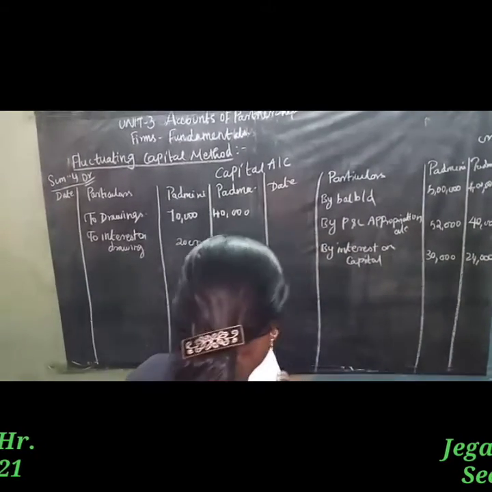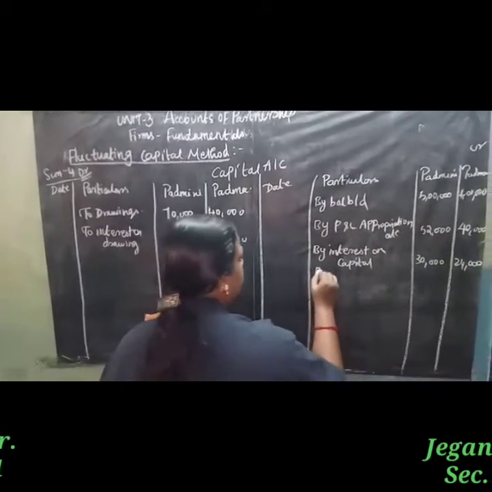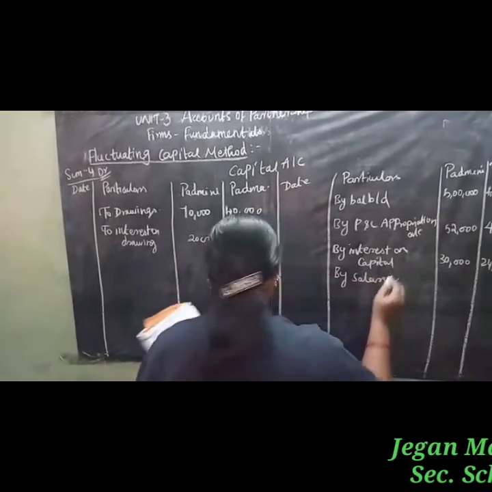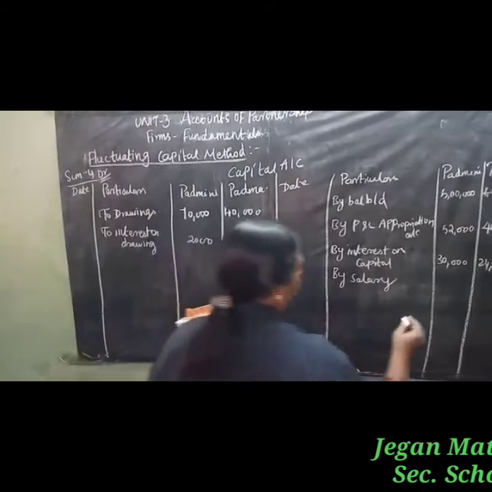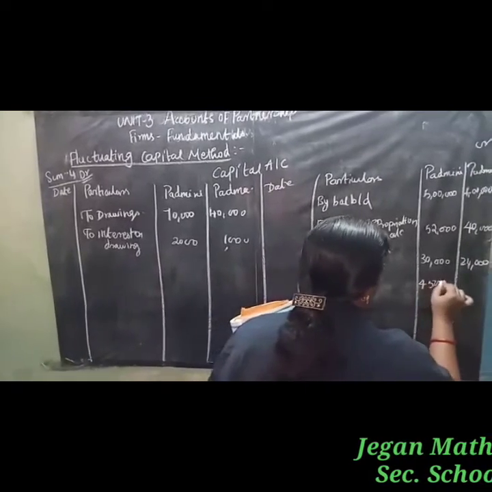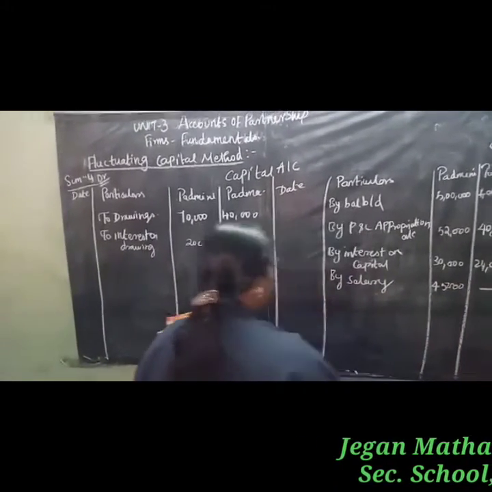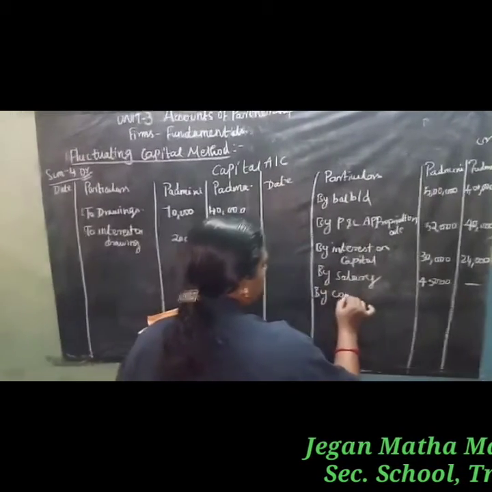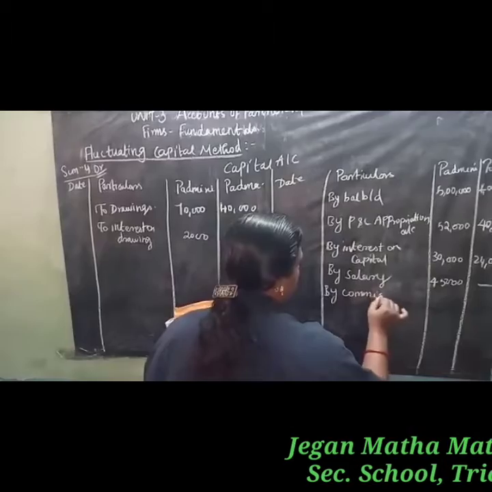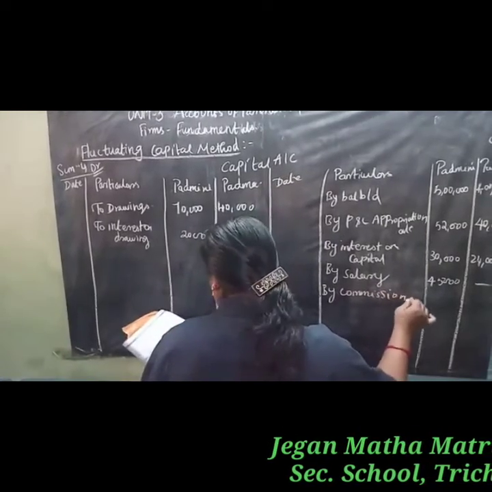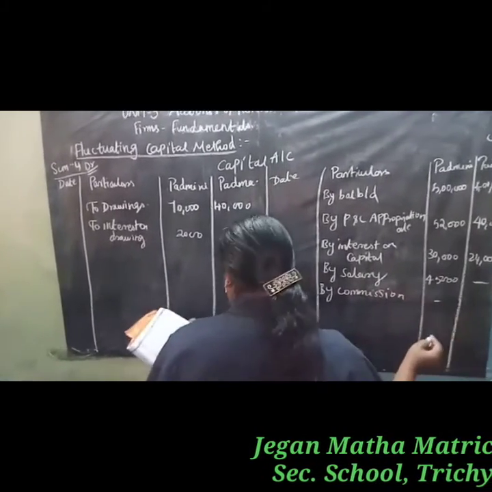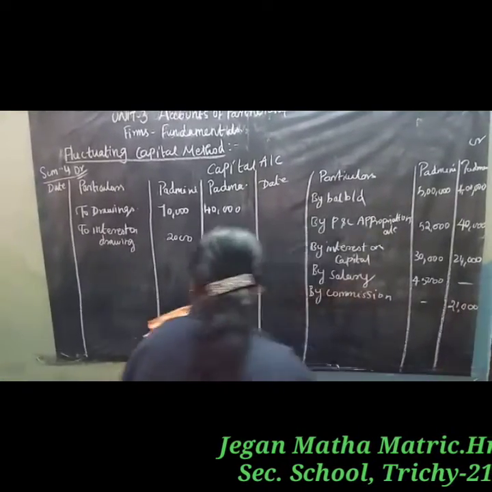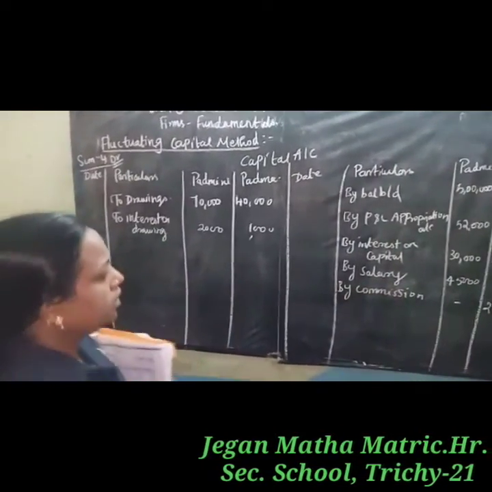Then next, by salary, 45,000 for Padmini, Padma nil. Then by commission, Padmini nil, Padma 21,000. Okay, so we have to add the credit side.